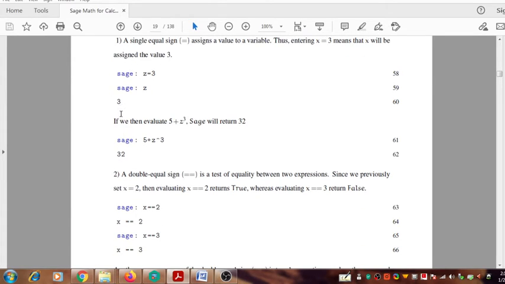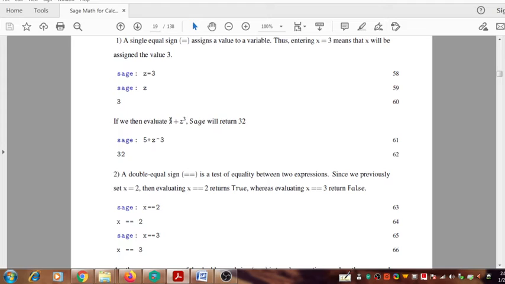Now suppose we try to evaluate an expression. You can evaluate an expression using SageMath after doing this assignment. Let's see how it happens. Suppose we are using the expression 5 plus z cube.